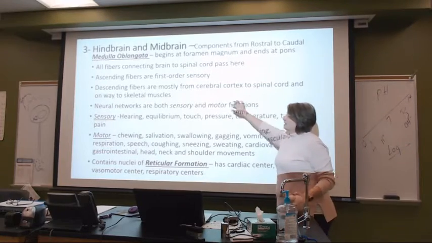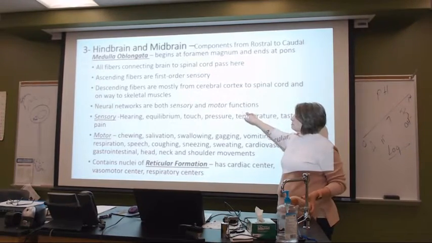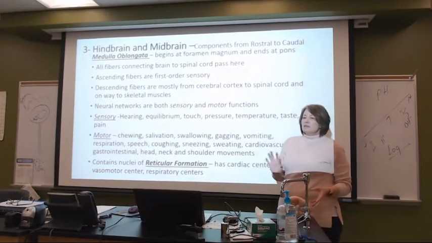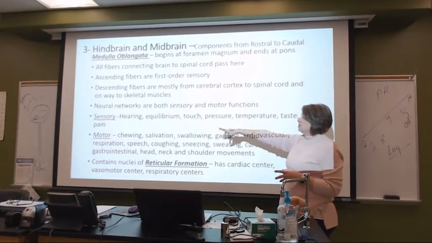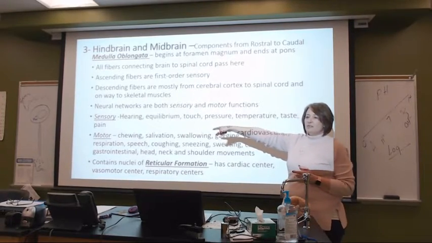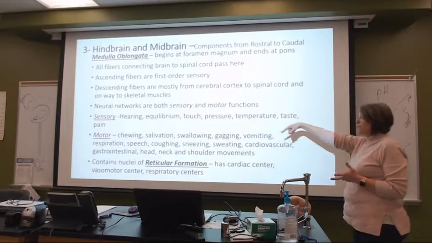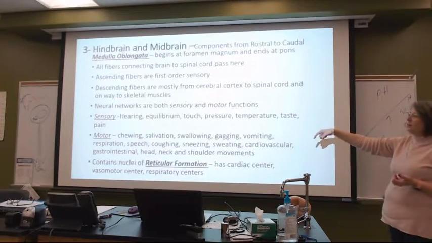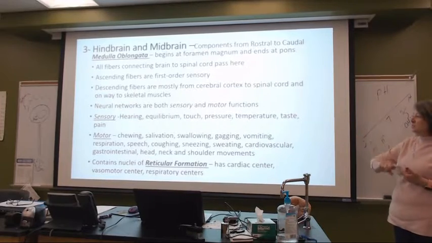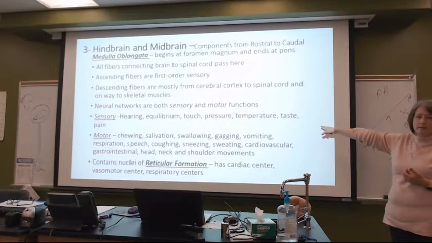We're going to find neural networks for both sensory and motor functions. Because we're looking at the medulla oblongata, the sensory information that will work through this area: hearing, equilibrium, touch, pressure, temperature, taste, pain.